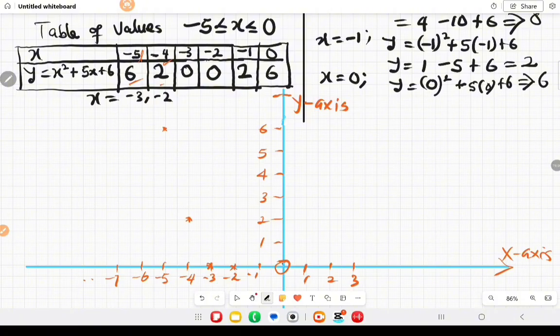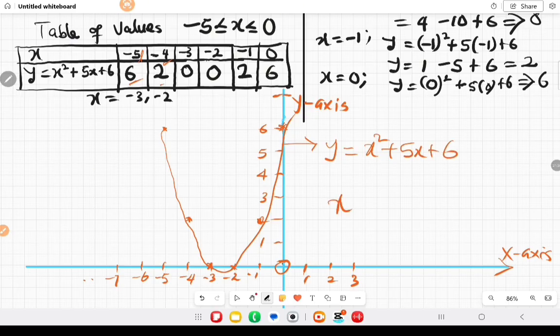We have minus 1 at point 2 and 0 at point 6. Then the curve will be this. This is the curve. I call this curve y equals x squared plus 5x plus 6.